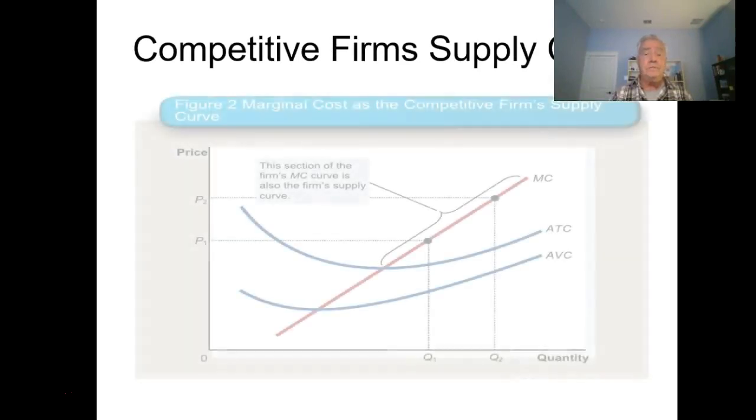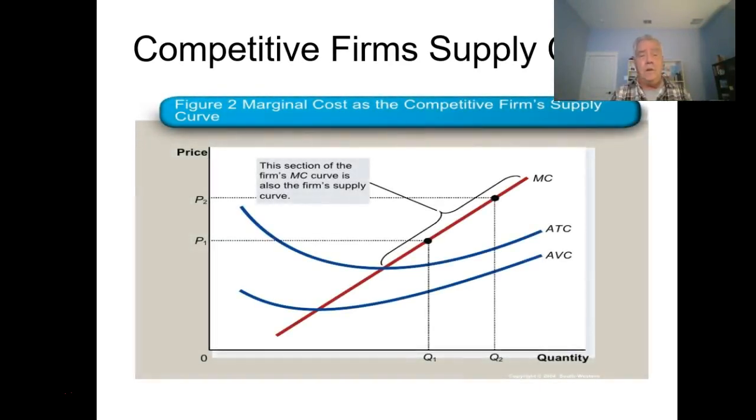So there's the supply curve. Here's what it looks like. Marginal cost curve and the supply curve is exactly the same. So you'll notice, once again, like we talked about in the last chapter, the marginal cost curve intersects the average total cost and the average variable cost at their lowest points.